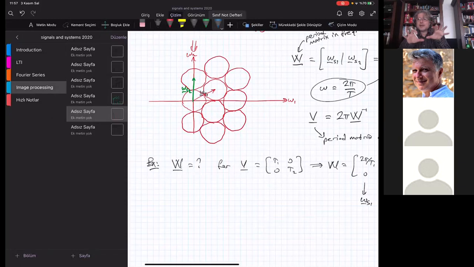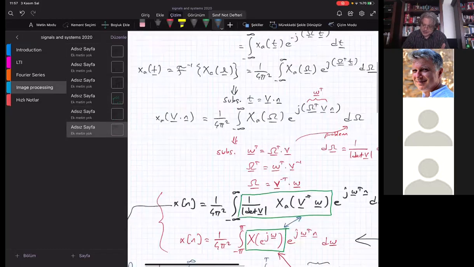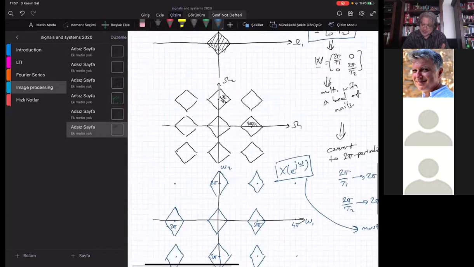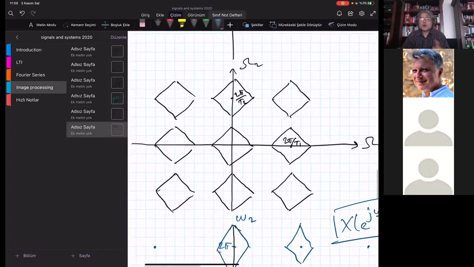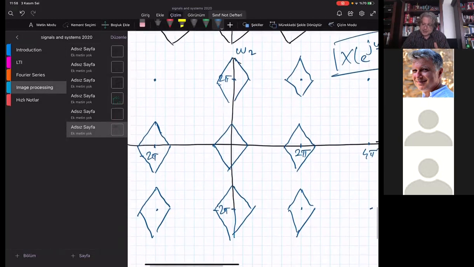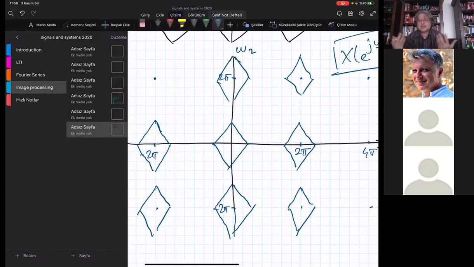When you look at the bed of nails Fourier transform, it will be circles, but it will not be 2 pi periodic. When you convert it to 2 pi periodic, it will not be circles. It will be probably ellipses. And the others, these, when you do hexagonal sampling, they won't be diamonds anymore. When you do normal rectangular sampling in the Fourier domain of the discrete time, they will still look like diamonds, like this.